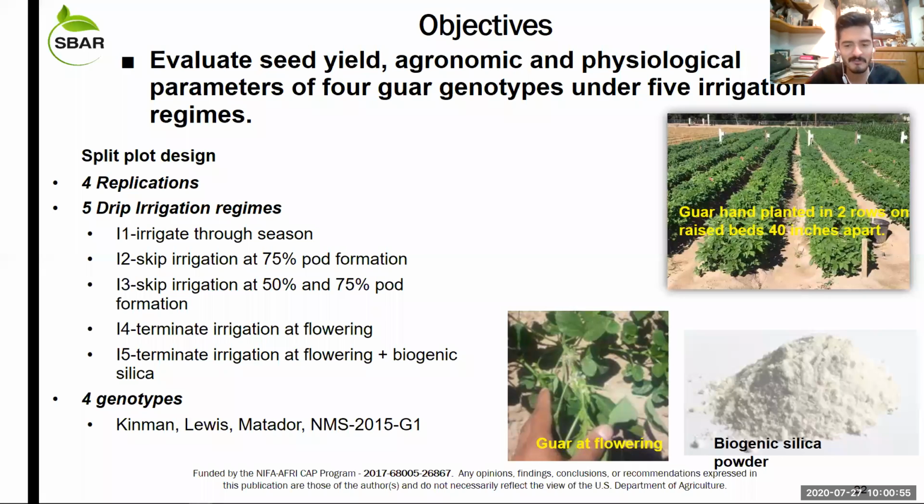I was originally born and raised in Mexico, and we've been trying to improve some of the agricultural practices with new techniques, and we've been using biogenic silica as a plant growth promoter. Biogenic silica is the same as diatomaceous earth, and as far as I know, there's more research on biogenic silica to control insects.